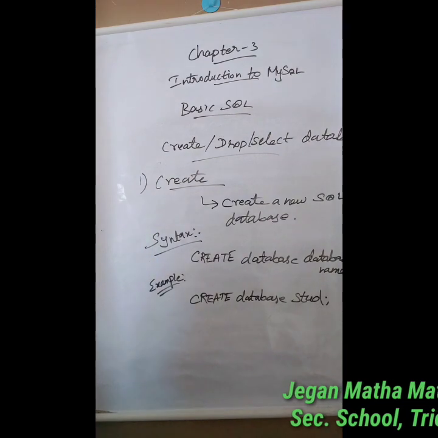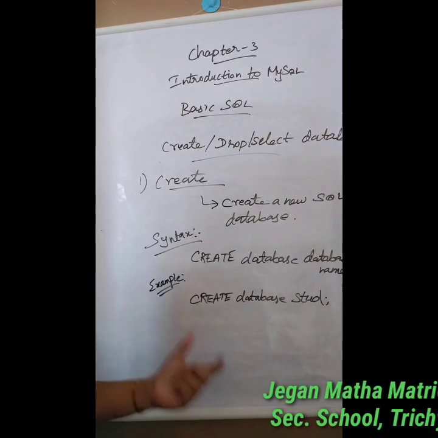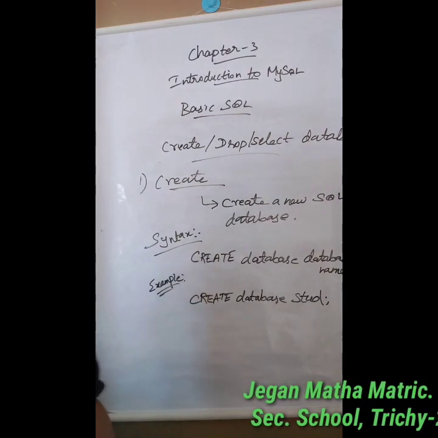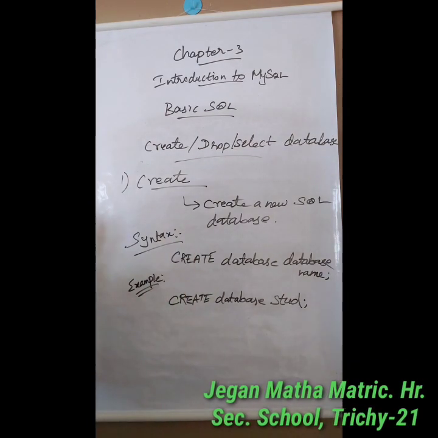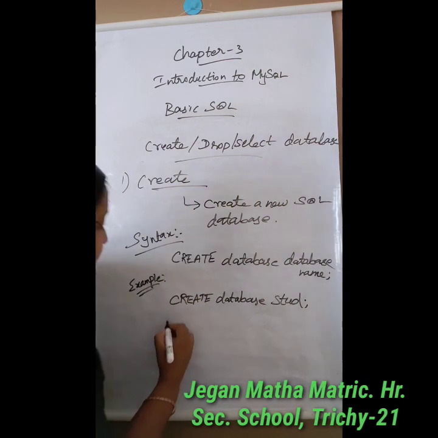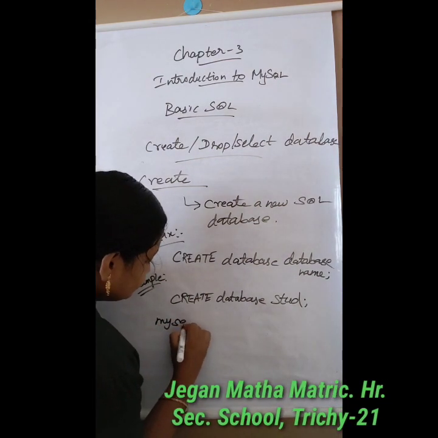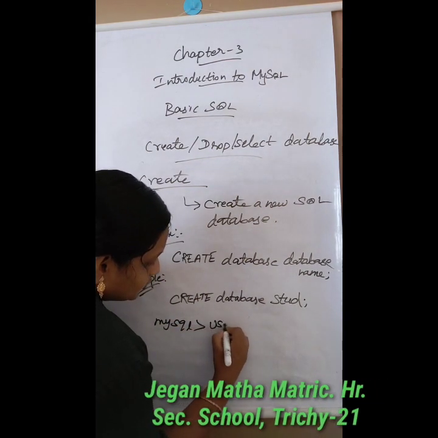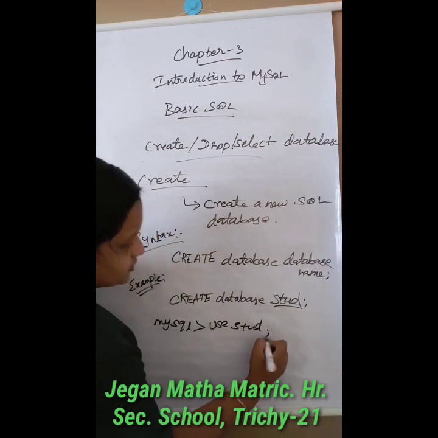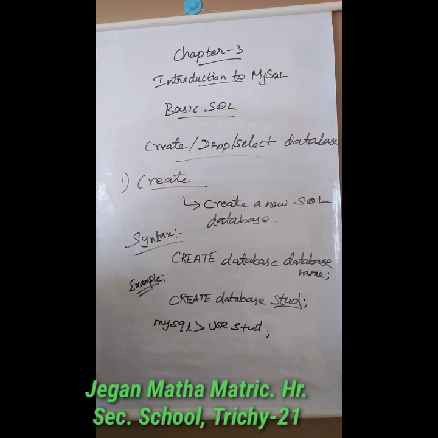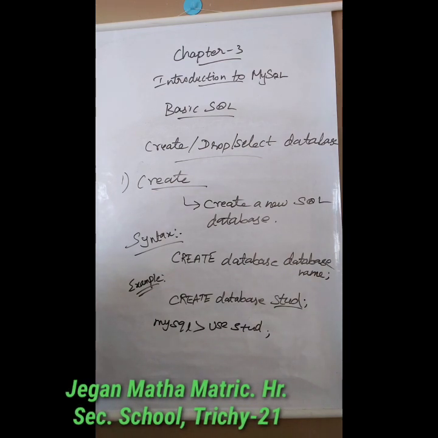So this is the step to create a new database. After creating a database, we need to view the database. For that the syntax is MySQL use database name, for example student. So this command is used to view the database.